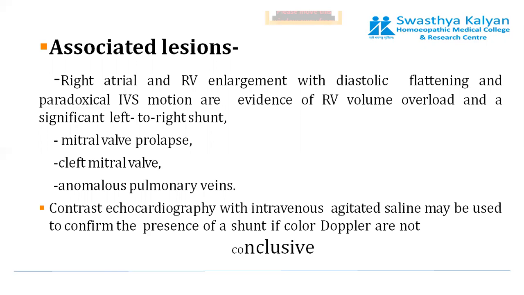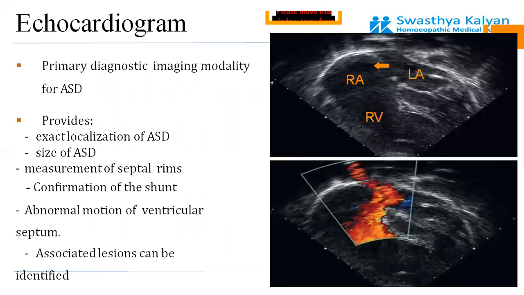Contrast echocardiography with intravenous agitated saline may be used to confirm the presence of a shunt if color Doppler is not conclusive. Echocardiogram is the primary diagnostic imaging modality for atrial septal defect, which provides exact localization of the ASD, size of the ASD, confirmation of the shunt, abnormal motion of the ventricular septum, and associated lesions can also be identified by echocardiogram.